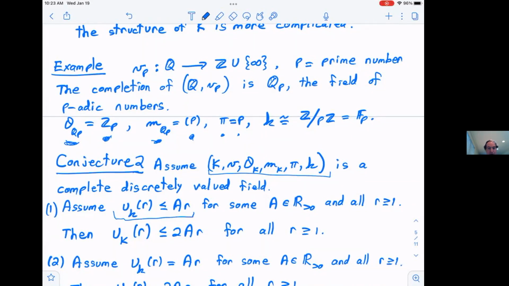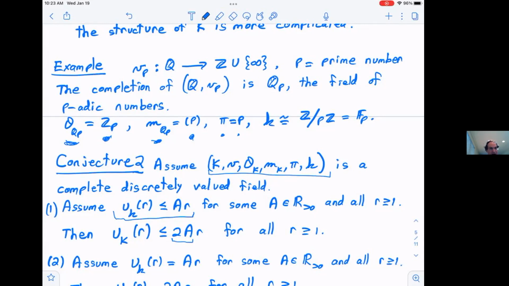Suppose that for all r greater than or equal to 1. Then the complete field, capital K, should have the same property, but the constant a is replaced by 2a. So this is the conjecture I'm interested in.